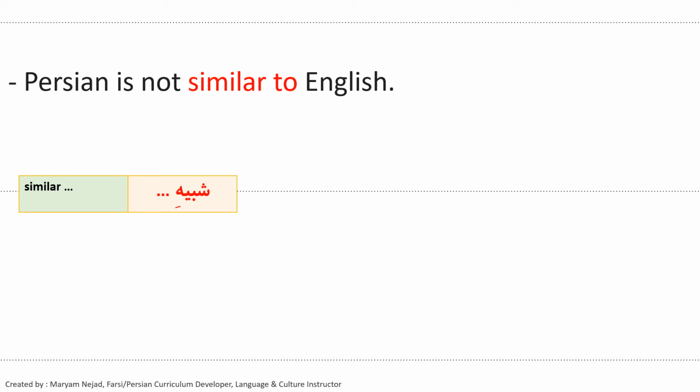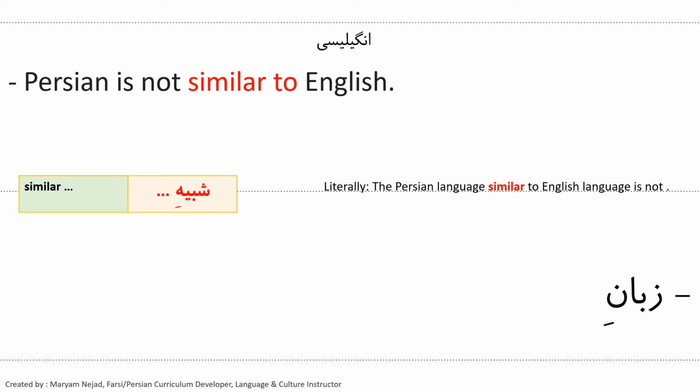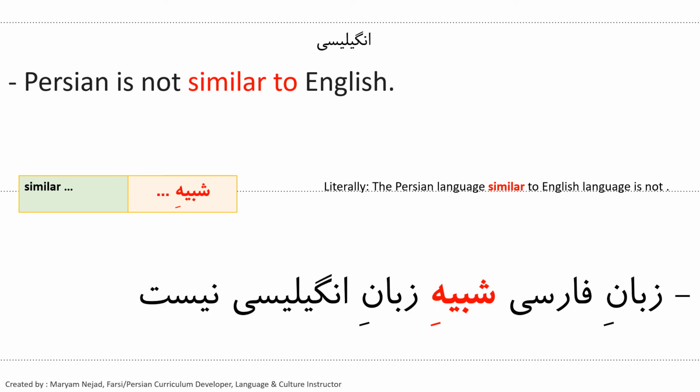So let's go with that. And it's like literally we need to say the Persian language similar to English language is not. زبان فارسی شبیه زبان انگلیسی نیست. And then as you remember, when the verb is a negative, there is no contraction.